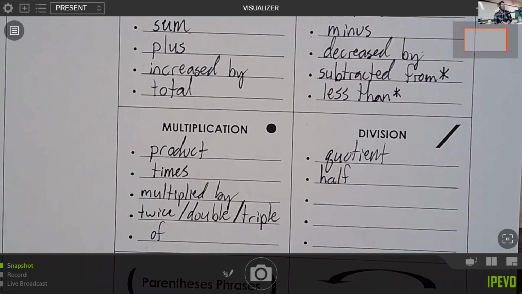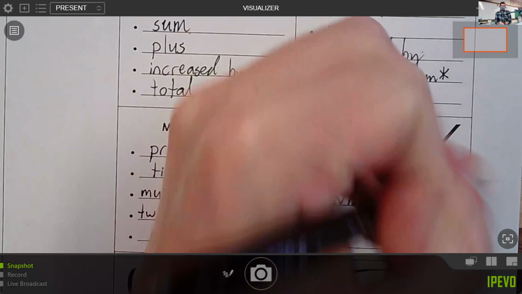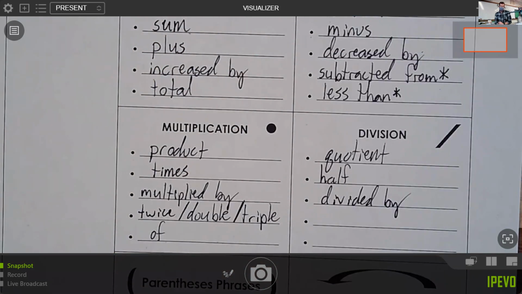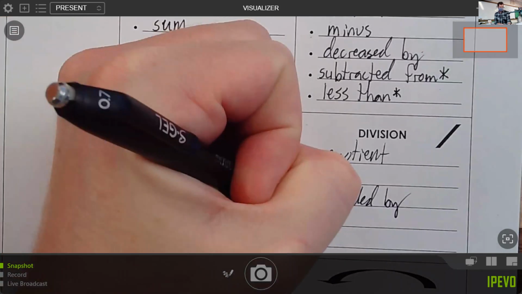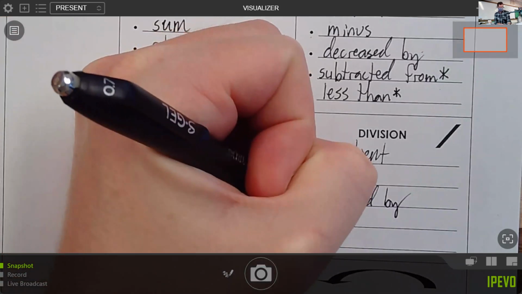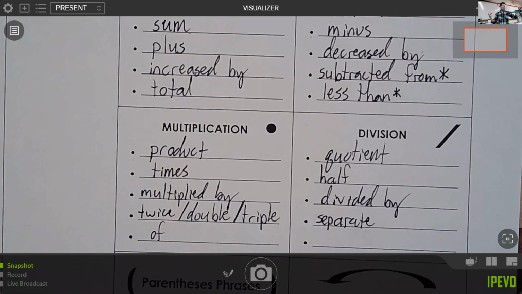What about number 8? Top of the second page. Divided by. One word that I don't see very often for this, and I'm sure you haven't either, would be separate. If you separate numbers, you're pulling them apart, you're dividing them. Remainder.